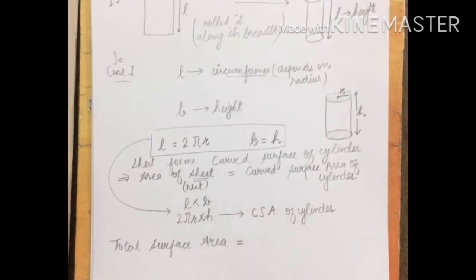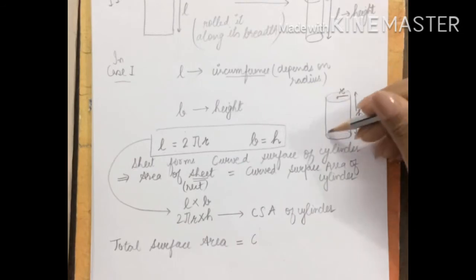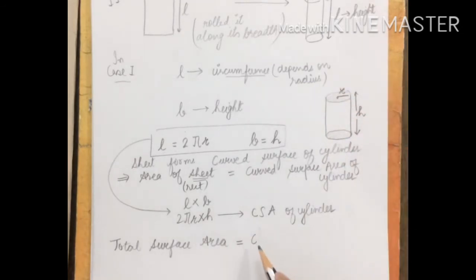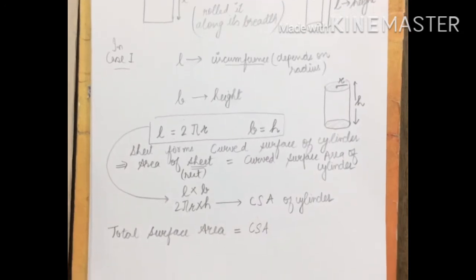The total surface area will be equal to, this means the area for all the surfaces: the curved surface, the top surface and the bottom surface. The curved surface area we have already calculated. To this, I need to add the top area and the base area, and these two are circles.